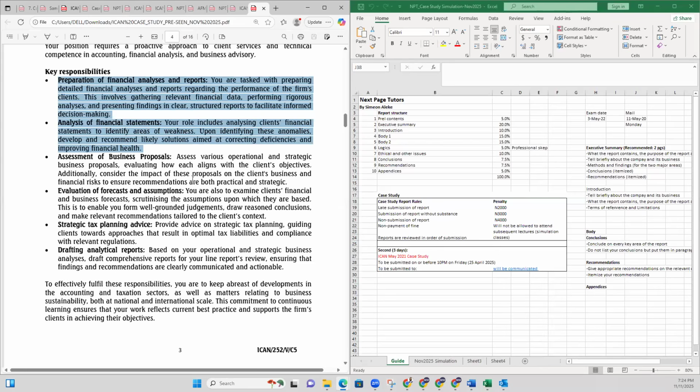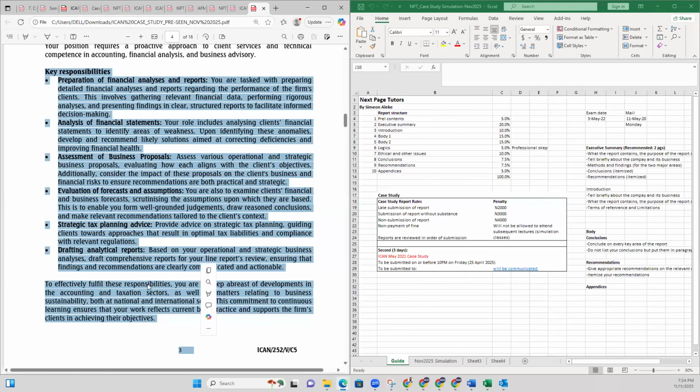Just read it and then enter the exam hall. That's all. The purpose is so that when your time starts counting, you don't spend time reading these 16 pages. It is a lot. Do you agree?